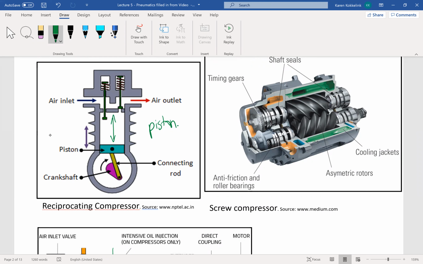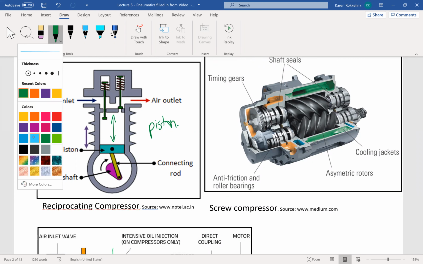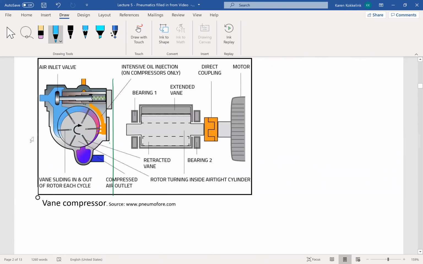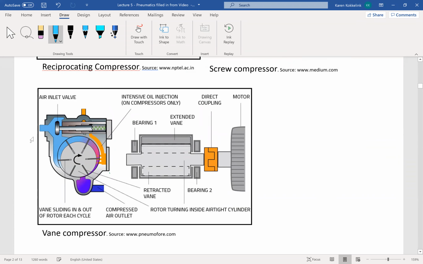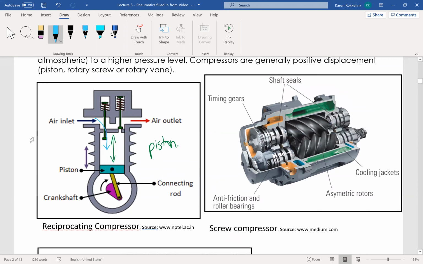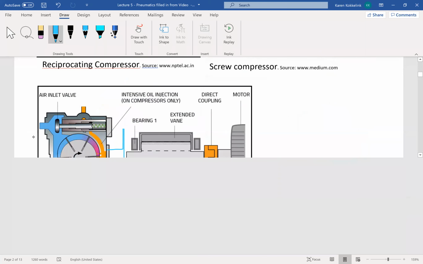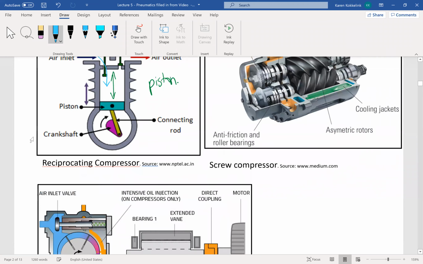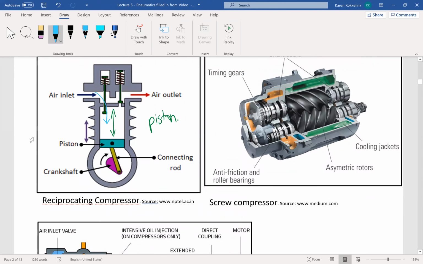And so look, you can see how this works. Air comes in, then the piston goes up, because this crankshaft is going to make it go up.